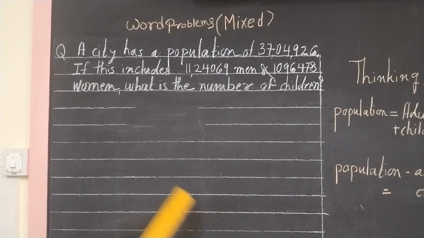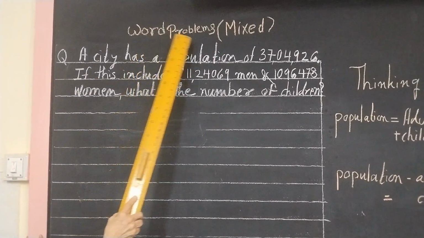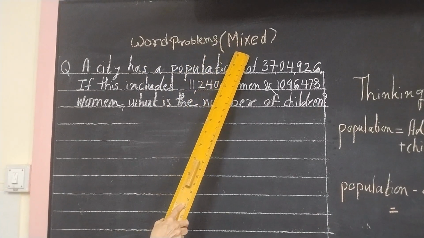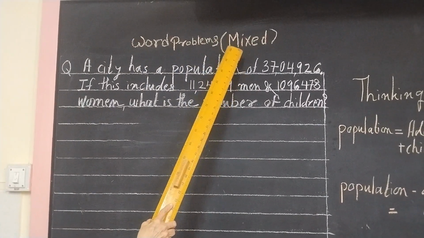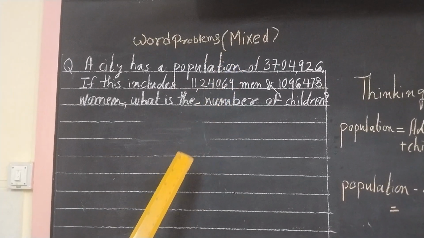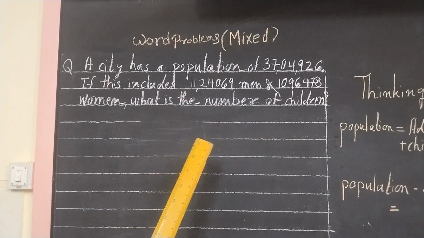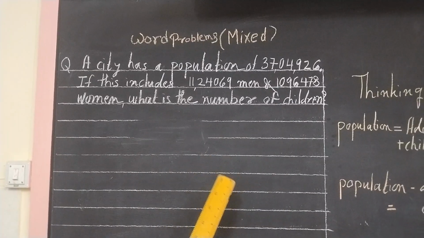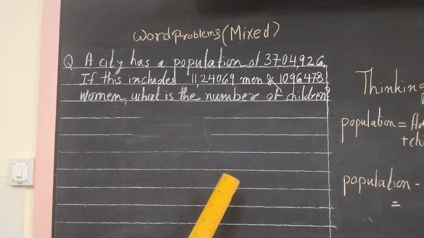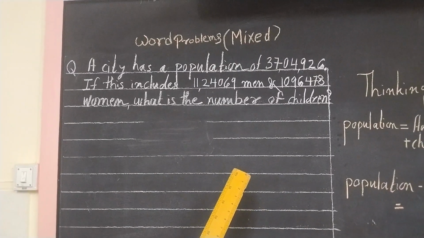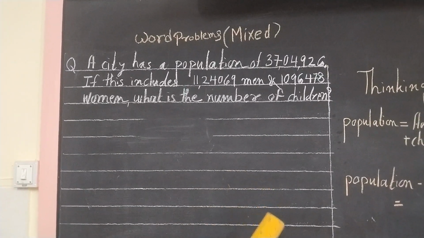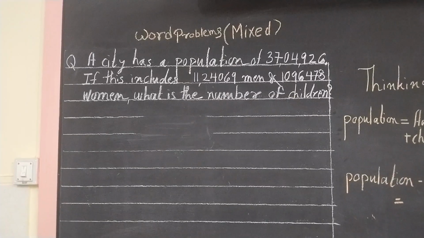Today we will be solving word problems which are mixed. What do we mean by mixed word problems? Mixed word problems means there are more than two processes which we have to carry out to come to the answer.